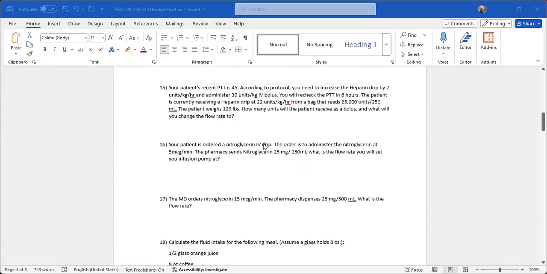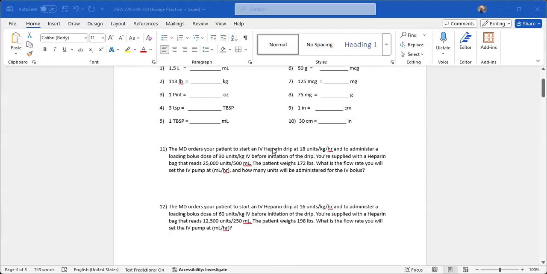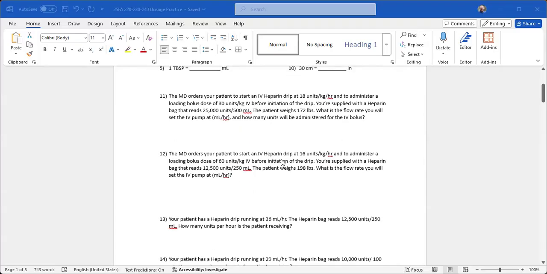Okay. So I want to start off with the one that typically gives everyone the most difficulty: these heparin infusion questions, where you're being asked to calculate a bolus dose and then a flow rate. So it's one question, but there are two questions being asked. When we look at this question, we can see it gives us a whole bunch of information.